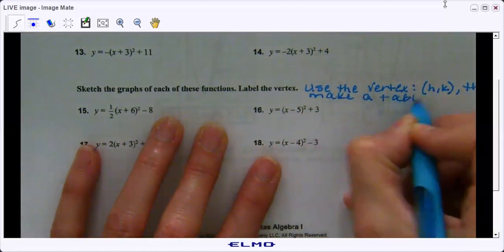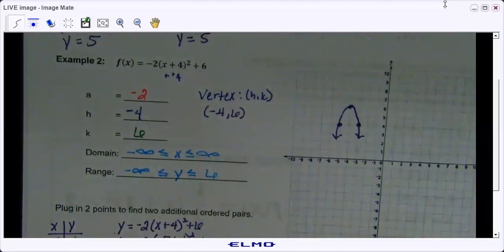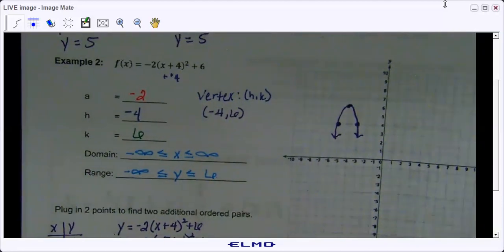Okay, and that will help you with these 4 problems. All right, let's go ahead and go on to page 2. And I think those are the only ones you have to graph on that.